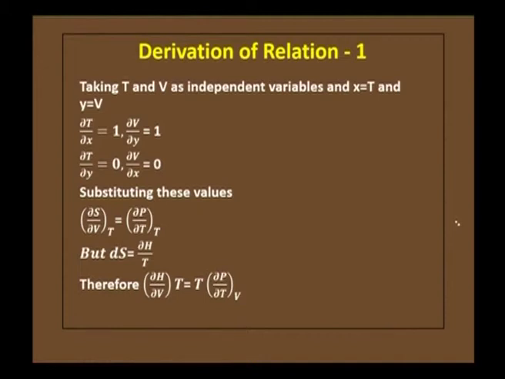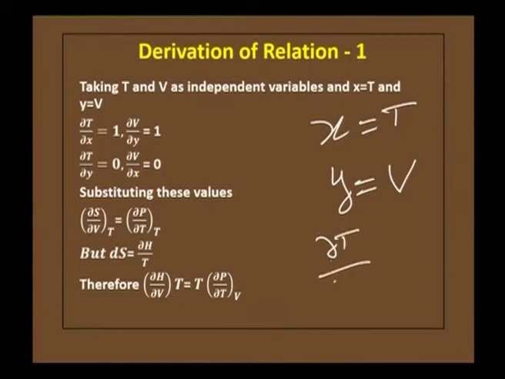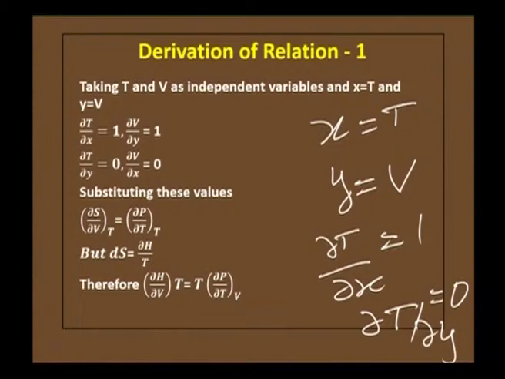In order to derive this relation, we are taking T and V as independent variables and keeping x equal to T and y equal to V, and by differentiating we can have ∂T/∂x is simply 1, and similarly ∂T/∂y is 0 for x equal to T. Therefore, ∂T/∂x is 1 and ∂T/∂y is equal to 0.